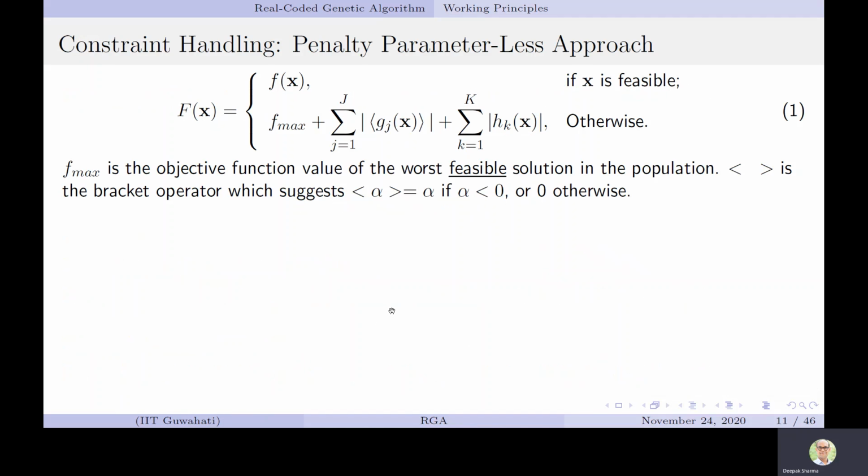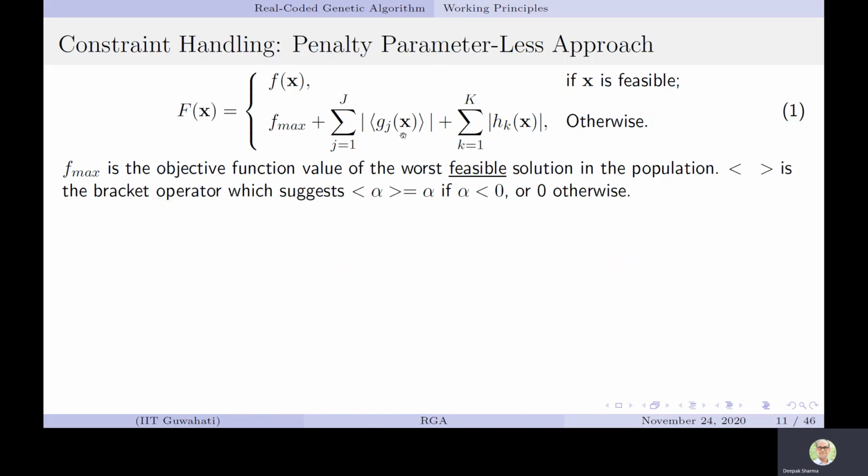So here we are going to assign a penalty using one of the methods called the penalty parameter-less approach. What is that? The fitness of a solution x is equal to the function value if the solution is feasible. Otherwise, we are adding one term called Fmax, which we will see shortly, plus, for all inequality constraints, we have this bracket operator, and then we are taking a mod, since we are assuming this approach is used for a minimization problem.